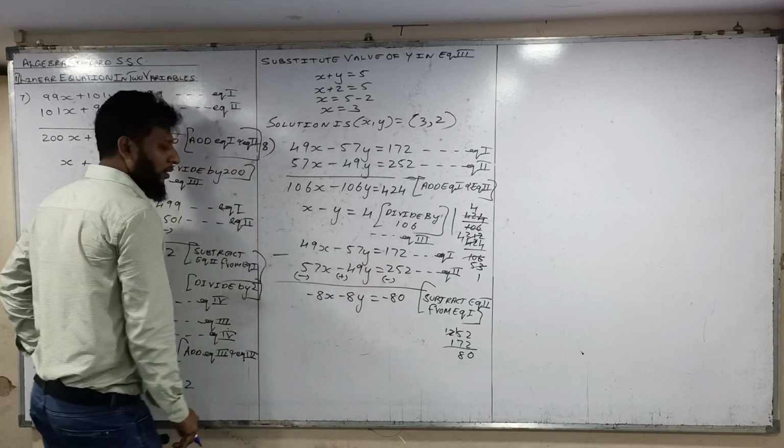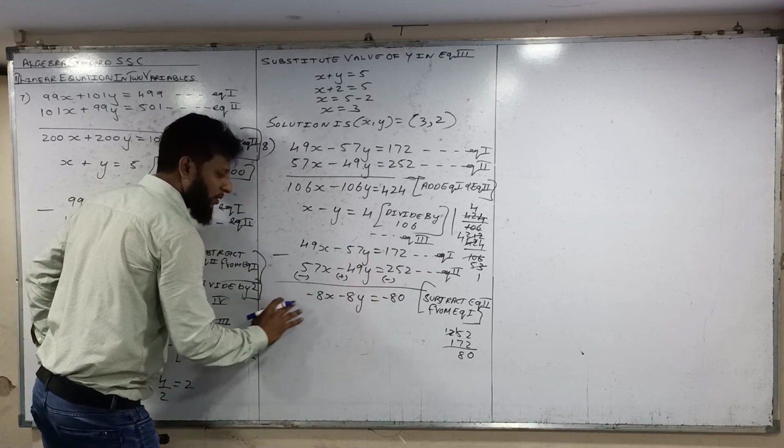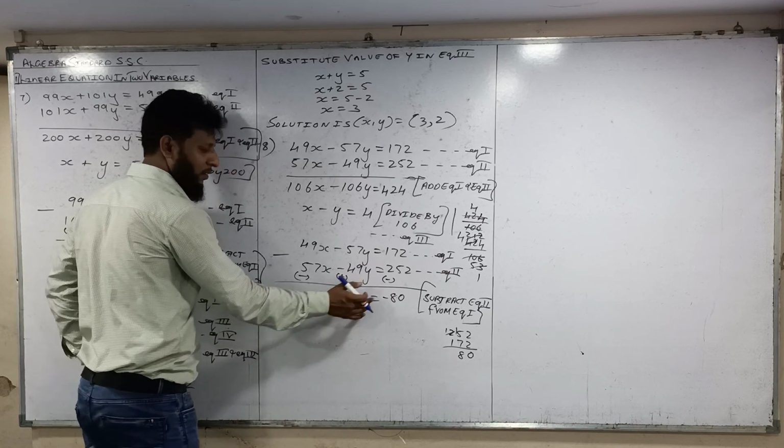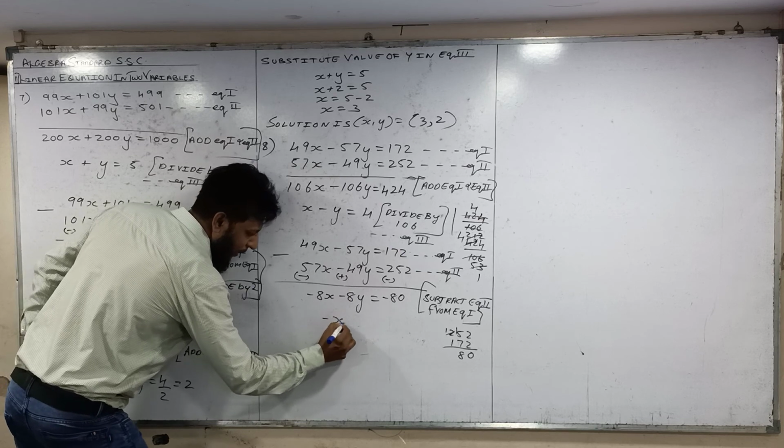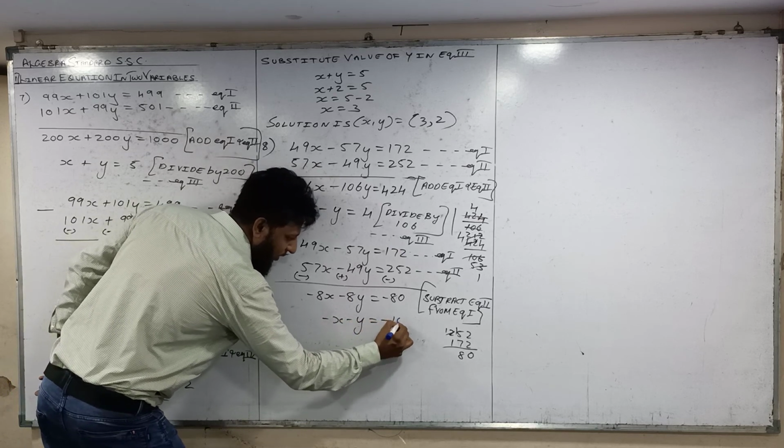So minus 8x minus 8y, and 172 minus 252 gives minus 80. Now minus 8x minus 8y is equal to minus 80. Divide all by 8. So minus x minus y is equal to minus 10.